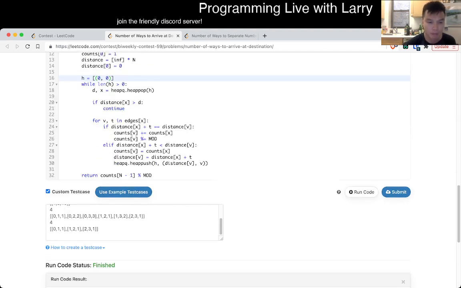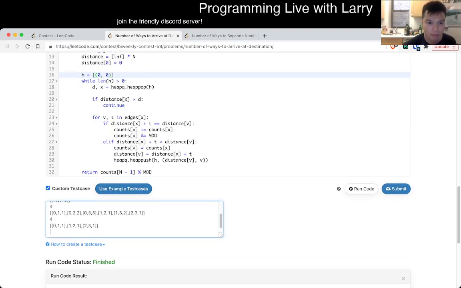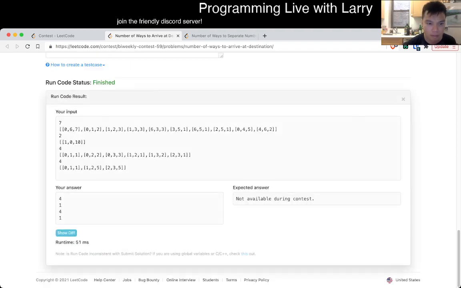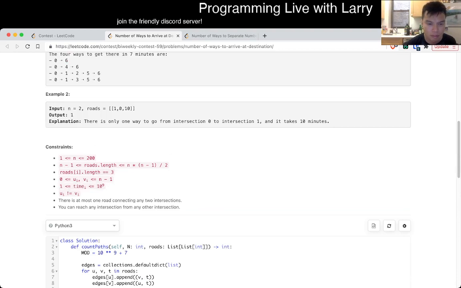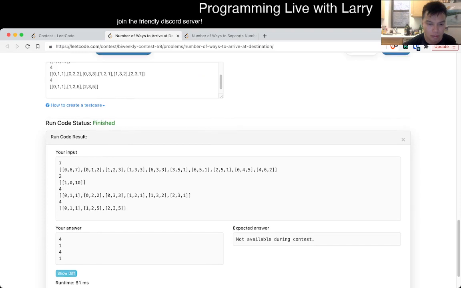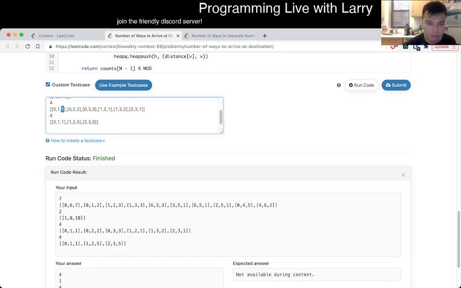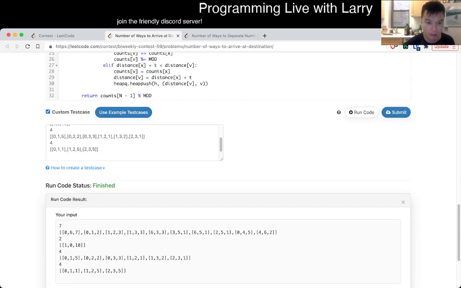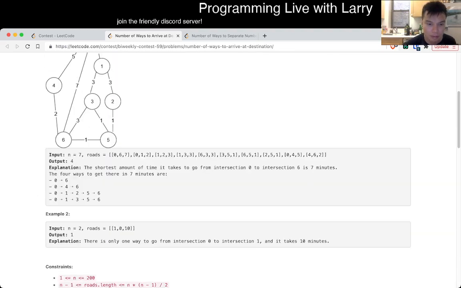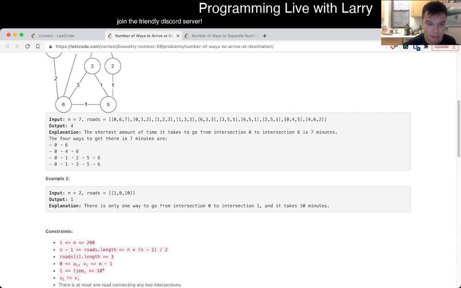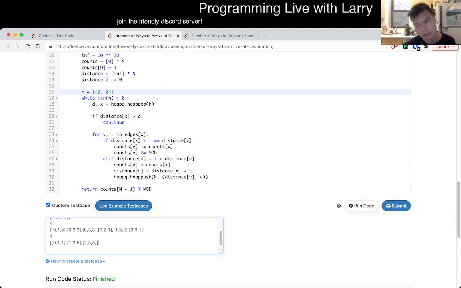I don't get it. We have no idea how to debug this. This is kind of sad, actually.